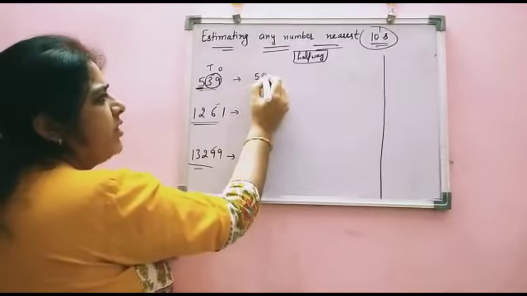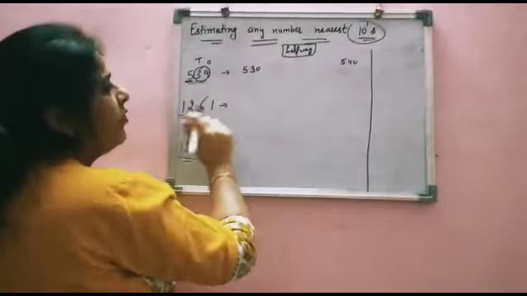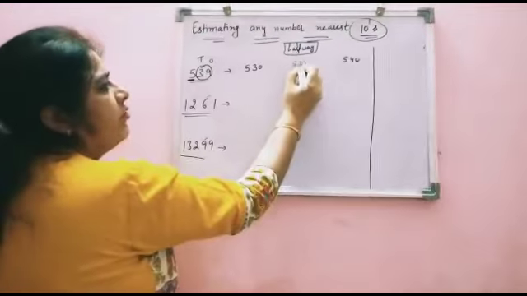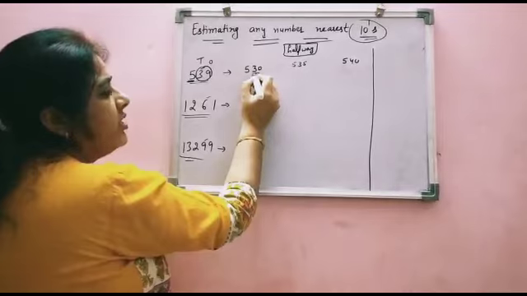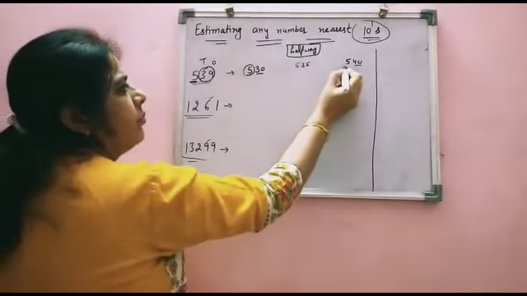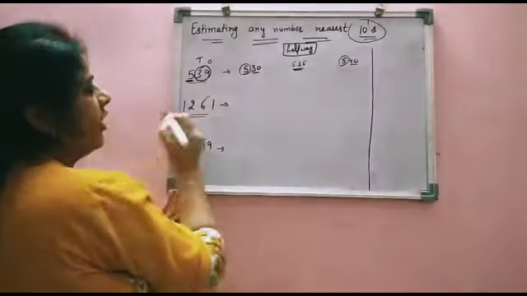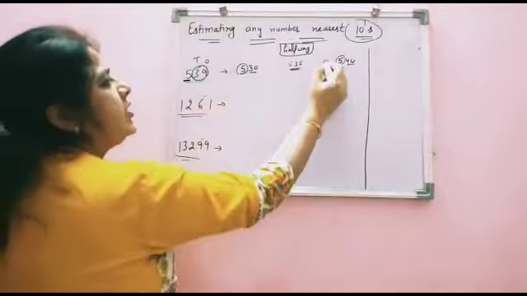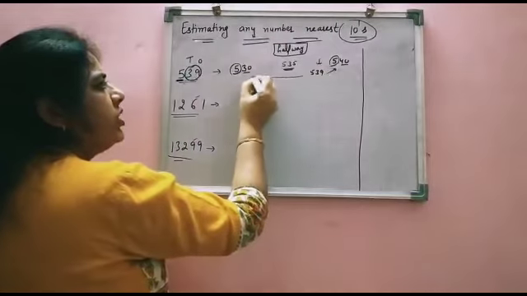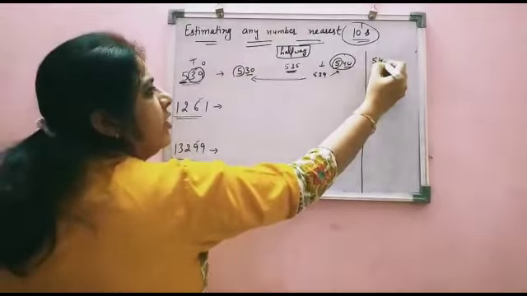So it lies between 530 and 540. What is the halfway of this? 535, because we are looking for the tens digit. So 30, 40, this will remain the same. So the halfway is here 535 and 539 is somewhere here. It means it is more than the halfway. It means it is nearest to this or this, obviously this. So what would the answer be here?